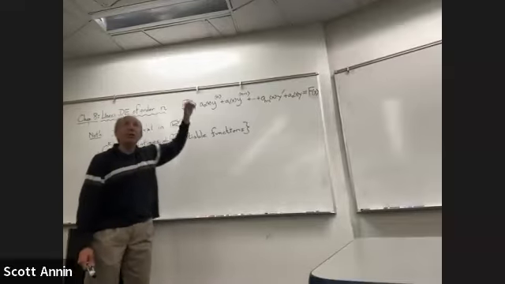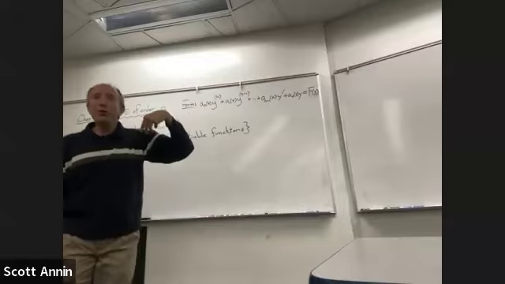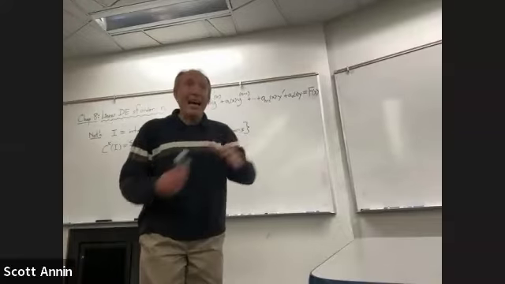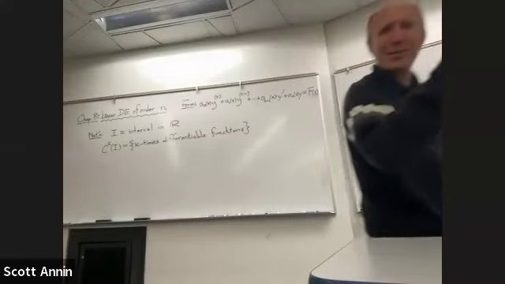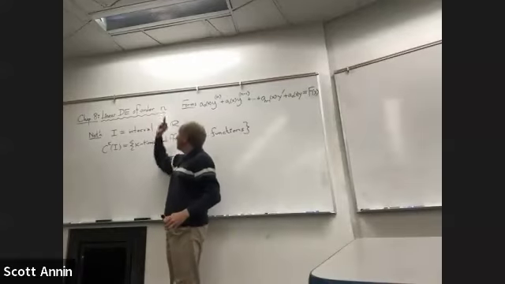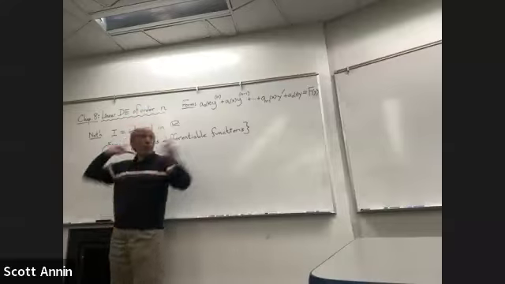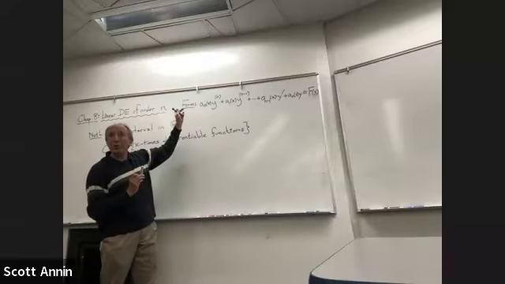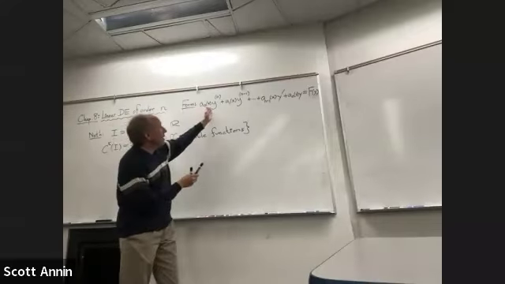And if you harken back to before you even met me, I had you watch some videos at the start of the semester. One of the things that you saw that very first week was what the form of a linear differential equation is. It basically looks like this, guys.